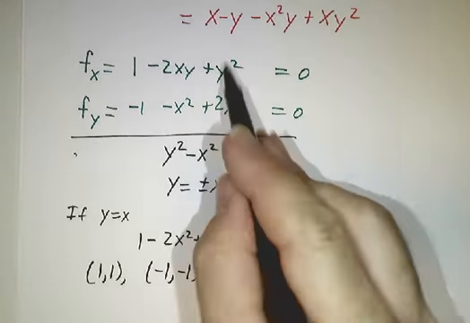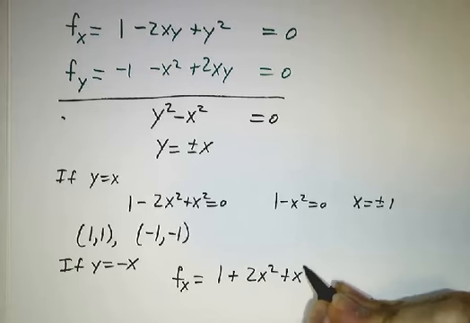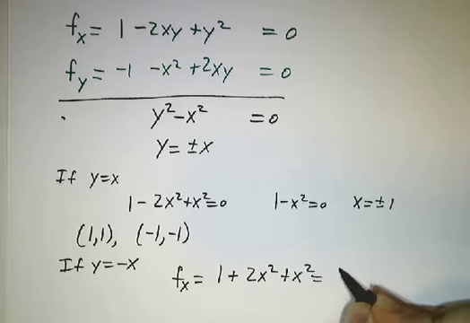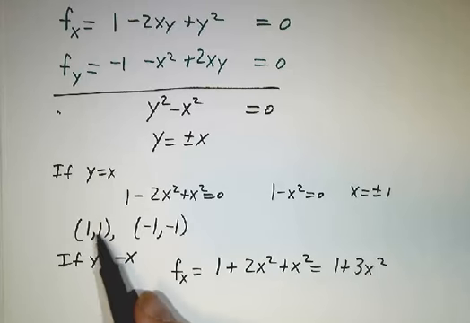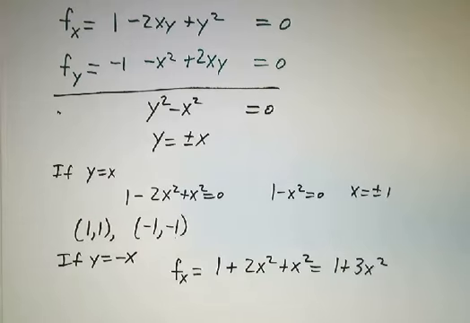But if y is minus x, then fx becomes 1 plus 2x squared plus x squared. So that's 1 plus 3x squared, and that's never 0. So that doesn't work. y equals x works, and we found our two critical points, (1, 1) and (-1, -1).